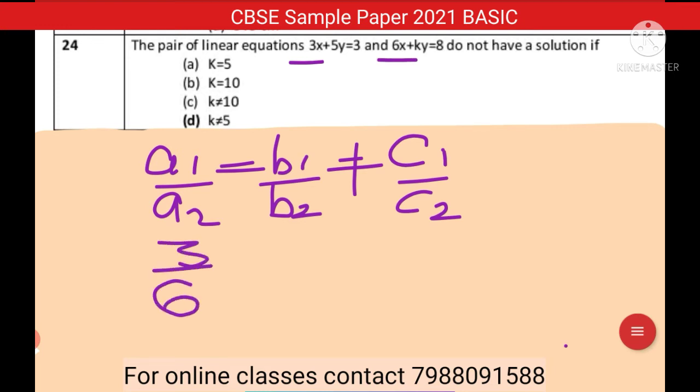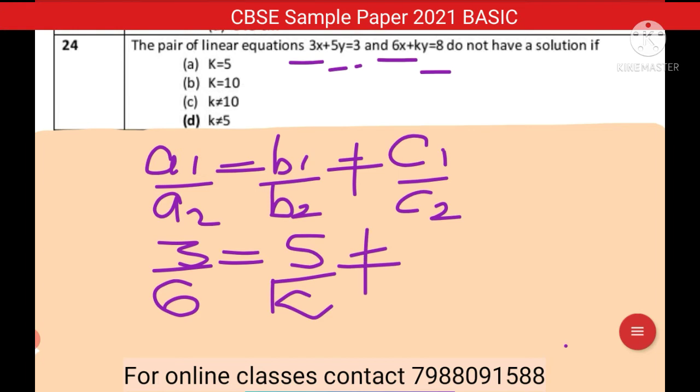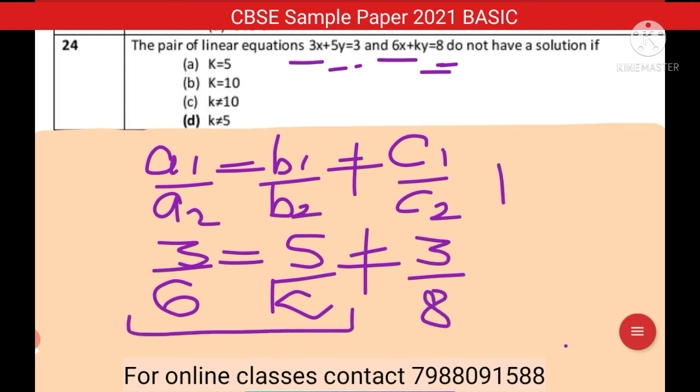So 3 by 6 is equal to B1 is 5 and B2 is K, clearly 5 by K, and is not equal to C1 is 3 and C2 is 8. Now both of them are on right hand side, so we have no problem. So if I consider these two, I get the value of K as 5 into 6, 30 divided by 3, that is 10. Right? If you just cancel this out, so I get value of K as 10.